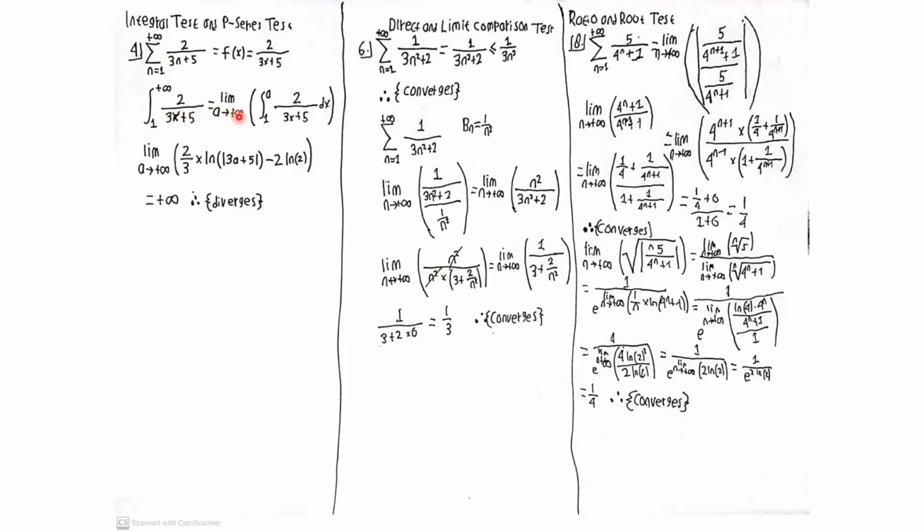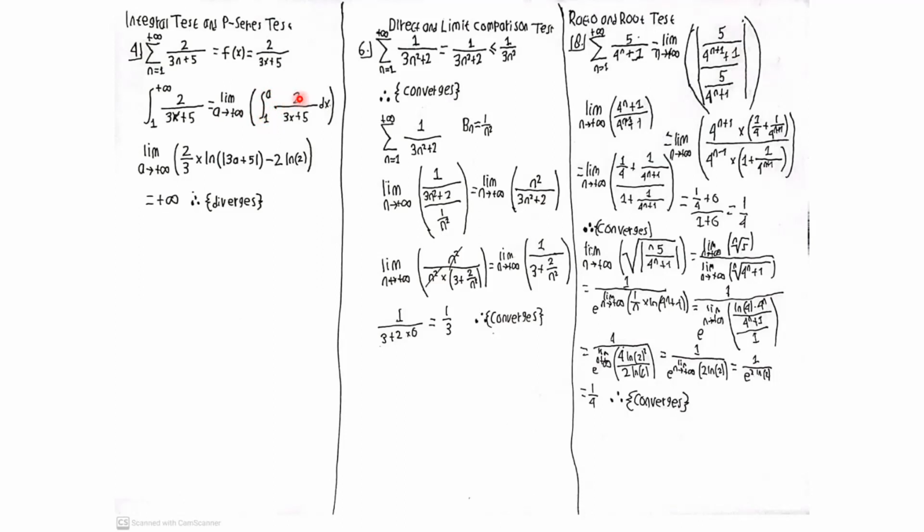To evaluate the improper integral, by definition, we need to divide it using a limit and a definite integral. So the limit will be limit a to plus infinity, in brackets, integral from 1 to a of 2 over 3x plus 5 dx.